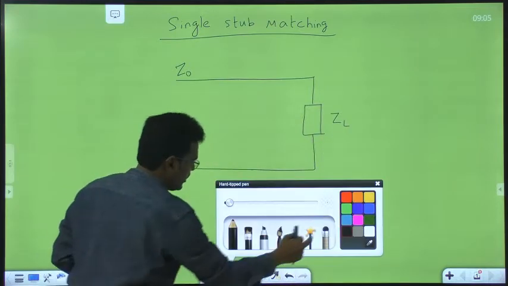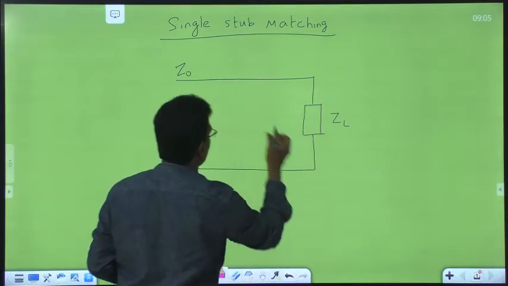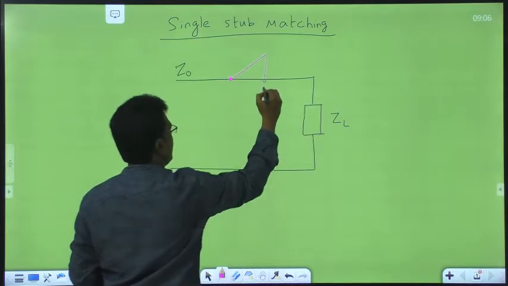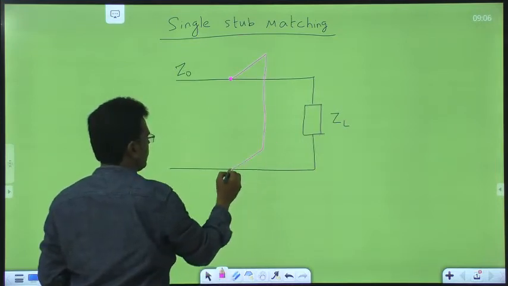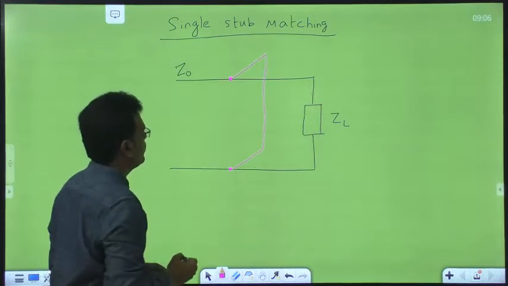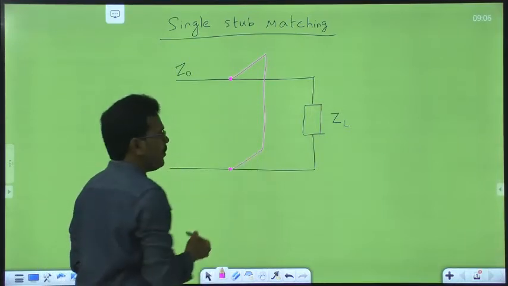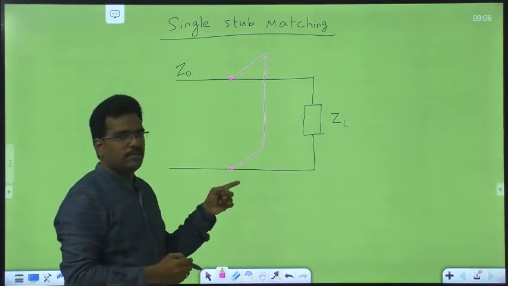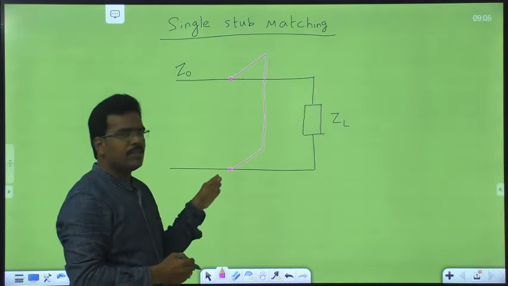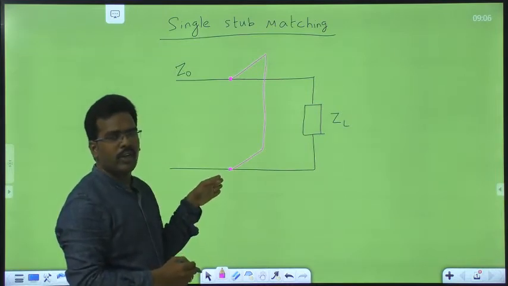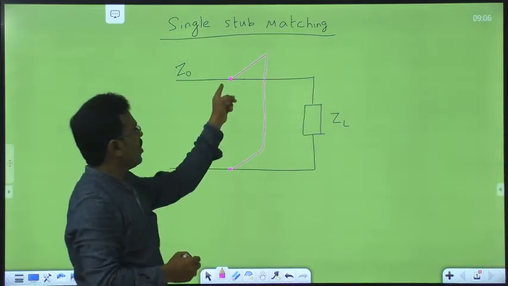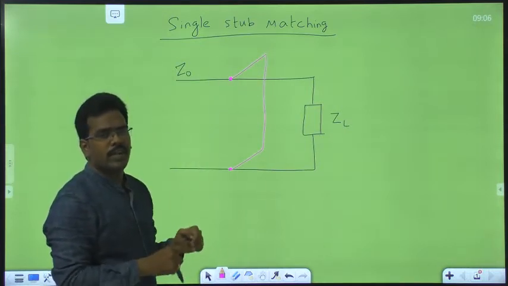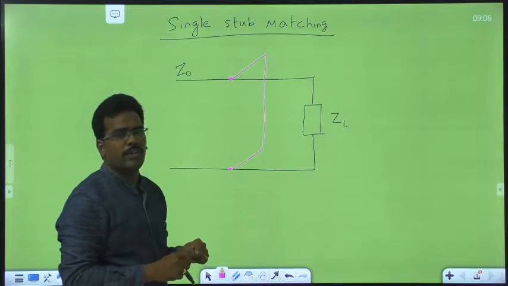For impedance matching, I have to choose a short circuit stub that is connected in parallel to the main transmission line. The first point to be calculated is the location of the stub: from the load, at how much distance you have to place this stub. Another one is the length of the stub, and its stub admittance. These 3 parameters we have to measure.